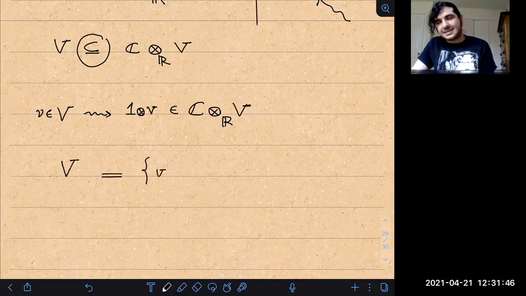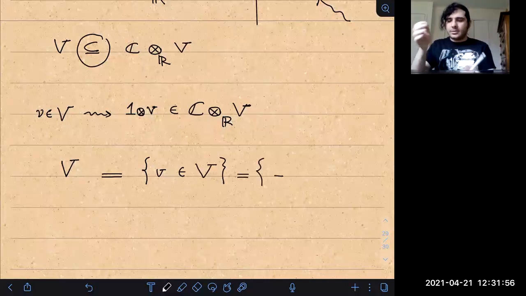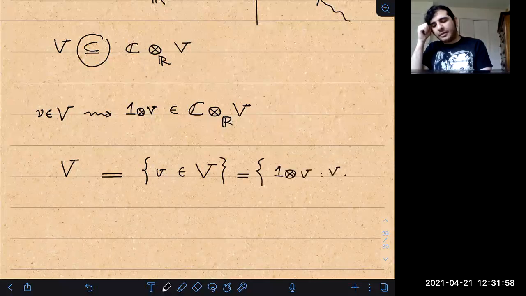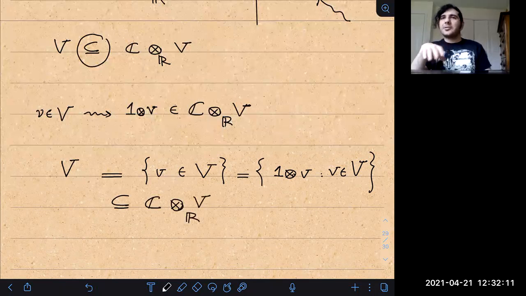V is just the set of elements in V, right? Which we can think about as just 1 tensor that element. Just write 1 next to that element for any element v inside V. And this 1 tensor v is a subset of C tensor V over R. So that's a natural inclusion which we have here.